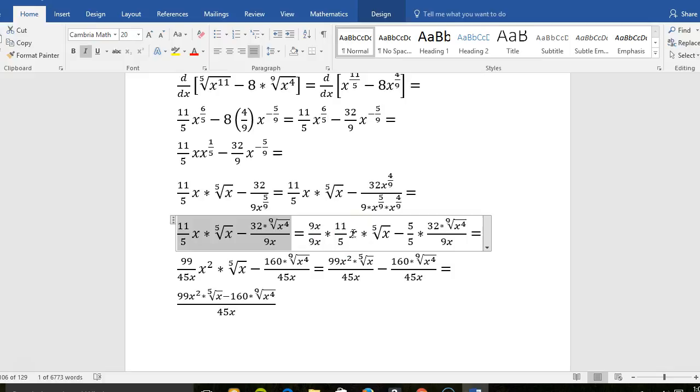Okay, hope that helps. But I like the x squared point of view better. So I just plain 99 and x squared.